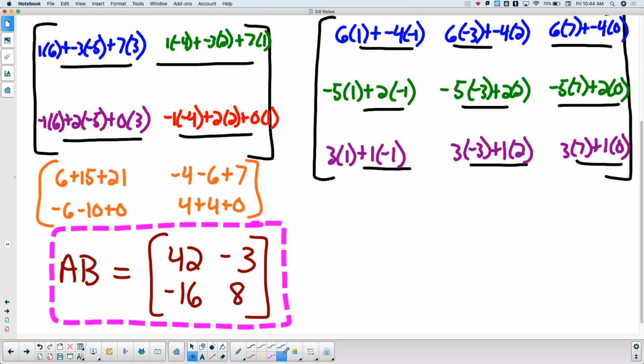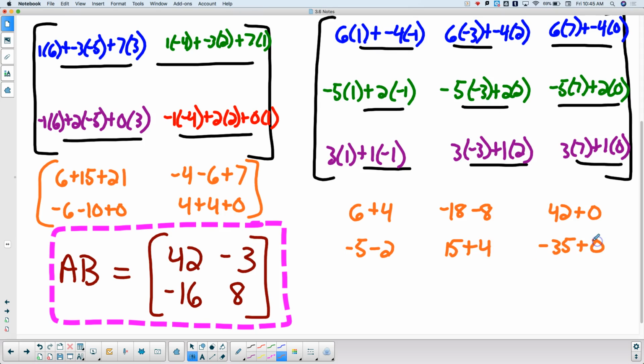That gives me, so that's going to be 6 plus 4, negative 18 minus 8, 42 plus 0. Negative 5 minus 2, 15 plus 4, negative 35 plus 0, 3 minus 1, negative 9 plus 2, 21 plus 0.